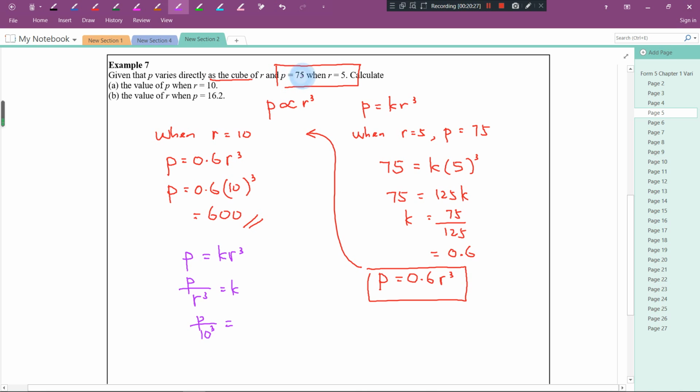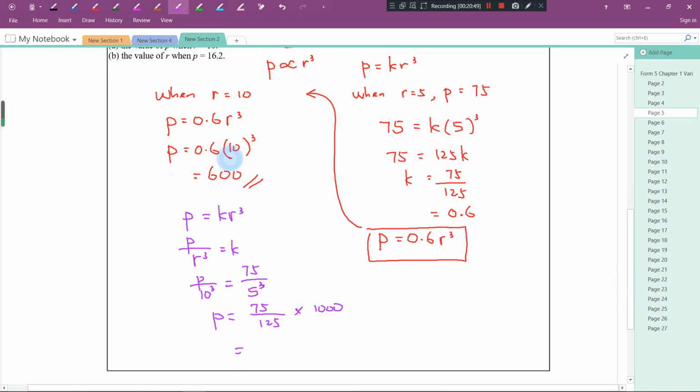So here p is 75, r cubed will be 5 to the power of 3. So the next thing, you just take 75 divided by 125, which is 5 cubed, times 1000. You press the calculator and you will get exactly the same answer, right? 75 divided by 125 times 1000. So the answer is still the same, 600. So you can use this method or this method, it is up to you. Both will give you exactly the same answer.